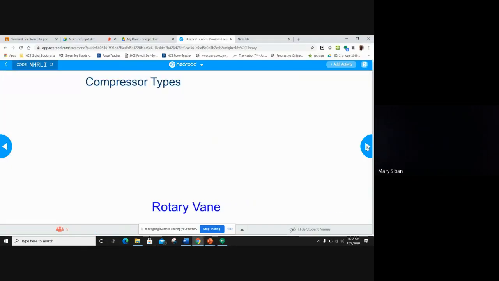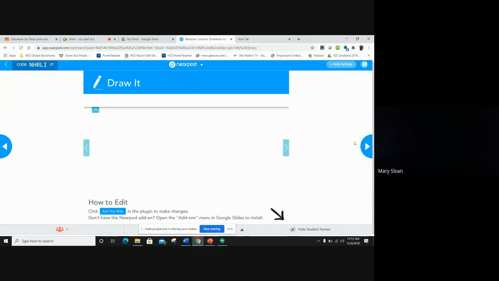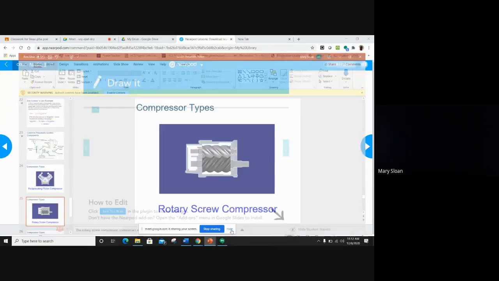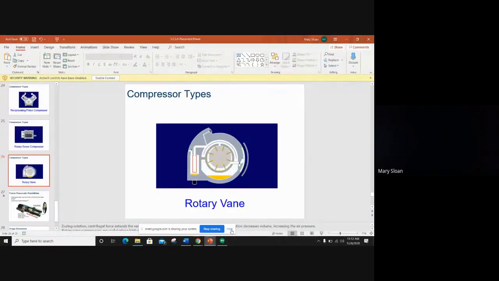Okay, and then our rotary vane, which I can't believe you can draw that one either because I copied and pasted and I can't do that. So for a rotary vane, it looks like this. So what does that look like? Here's your, yeah, it's kind of like your fan that is in your car.